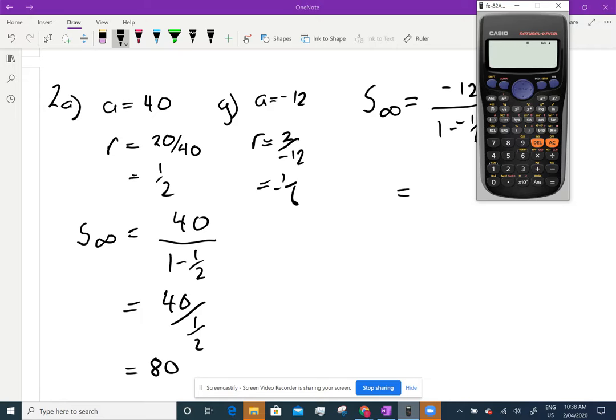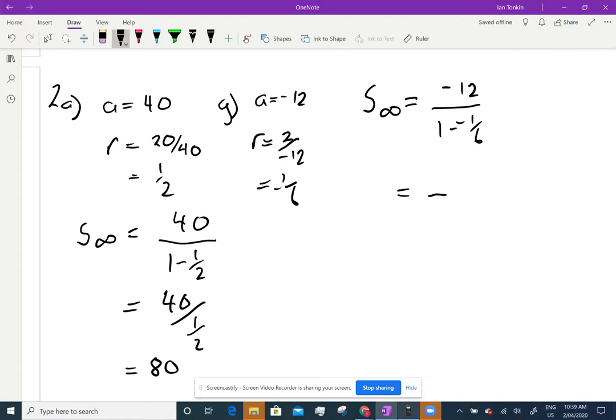Negative 72 on 7. I'm just checking that. Yep. Negative 72 on 7, which is negative 10 and 2/7, which is the answer.